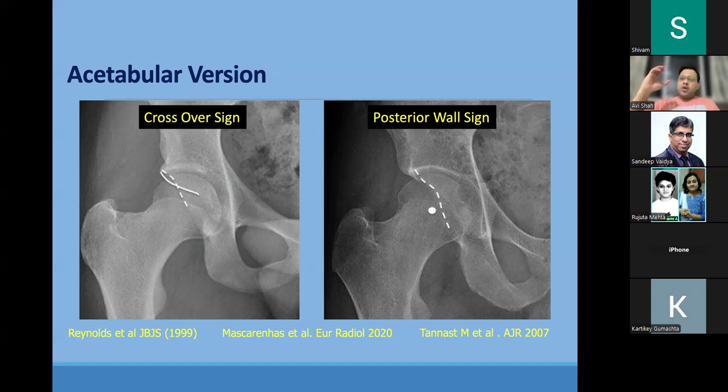Now if it is antiverted more, then what happens? The posterior wall goes away from the center of the head. So if the version is retroverting, then the line goes away from the center of the head. It gives us a sign of retroversion, and that is the posterior wall sign.